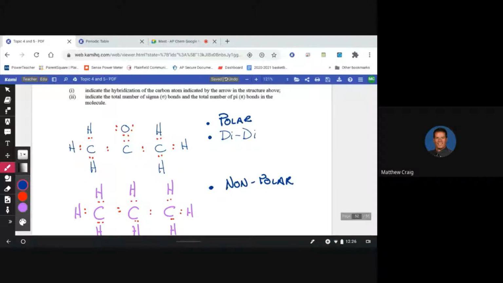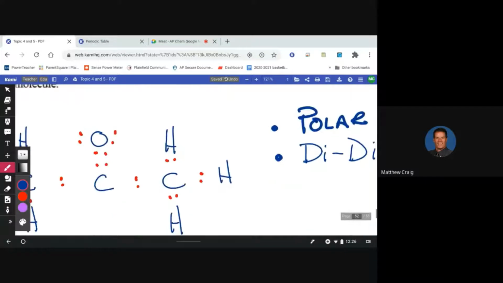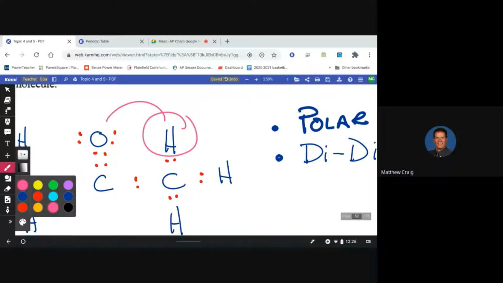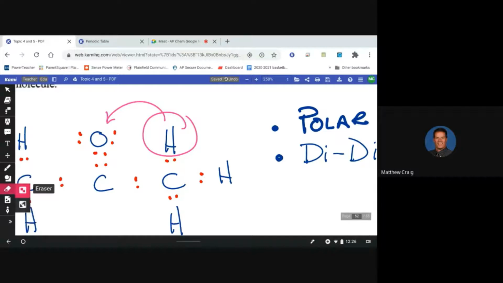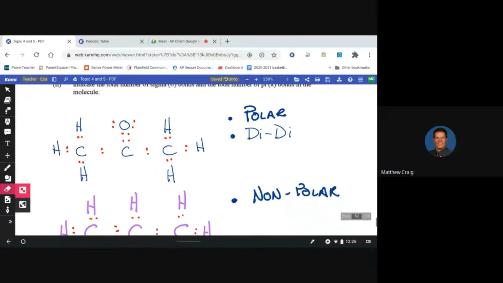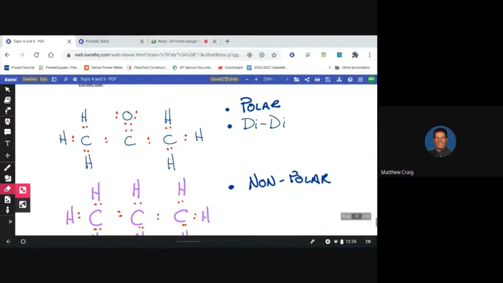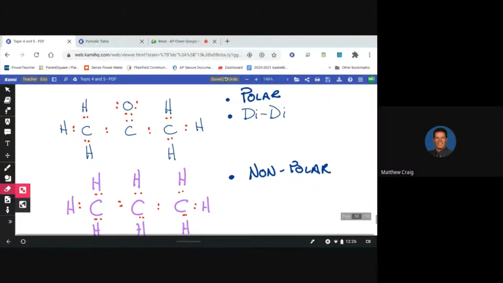It's where you have a hydrogen that's actually bound to an oxygen, nitrogen, or fluorine. Even though it's in the molecule, it still doesn't qualify. Also, keep in mind that we are talking about bonds between molecules. We're not talking about bonds between atoms here.